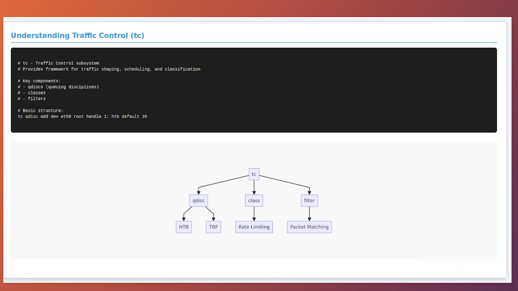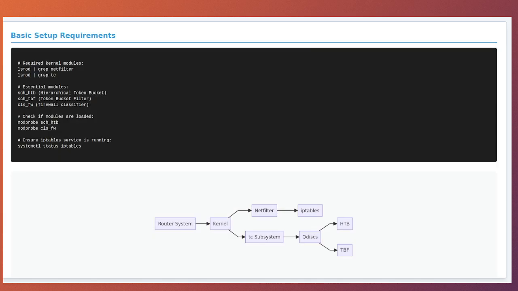that traffic is handled. Basic setup requirements. To implement bandwidth control with iptables, you will need a Linux-based router or system with the necessary kernel modules loaded. The most important modules are Netfilter and TC. First, ensure that your system has the required kernel modules. You can check this using the lsmod command. The essential modules include sch_htb, hierarchical token bucket, sch_tbf, token bucket filter, and cls_fw, firewall classifier.